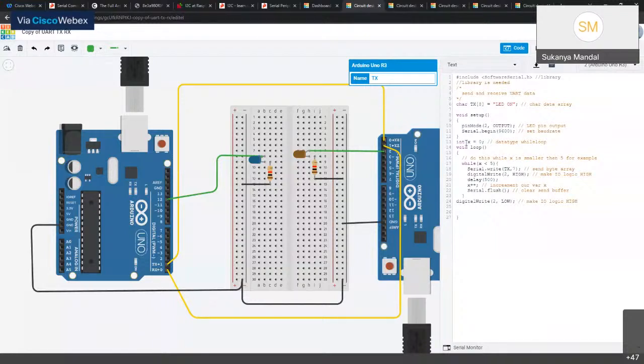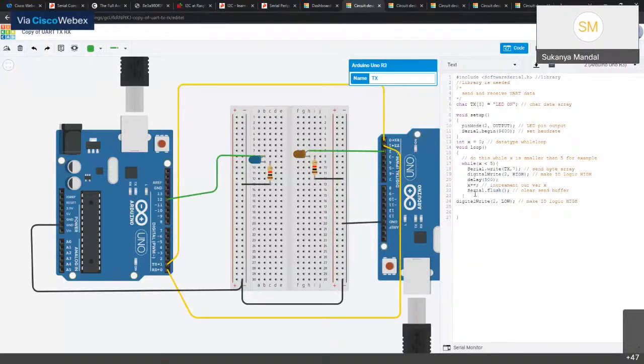Then we initialize a variable to 0 because we'll be using this variable for looping purposes. We put this variable through a loop, and it goes on through 0, 1, 2, 3, 4, until it is less than 5. Then we do a serial write transmission to 7. Then we do a digital write to pin 2, which is high, and then we give a delay of 500. We keep looping until it is less than 5, and then we send the buffer.